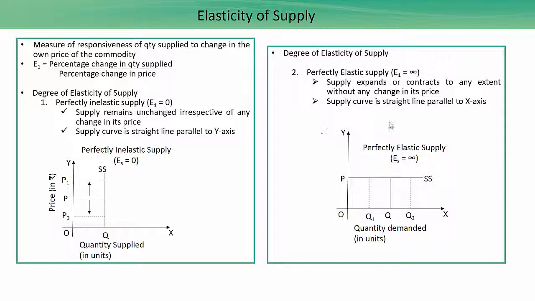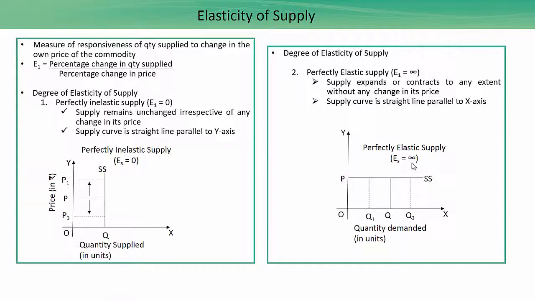So the price remains constant. Let's say the price is 10 rupees, but the quantity expands or contracts. This is how Es equal to infinity is represented.